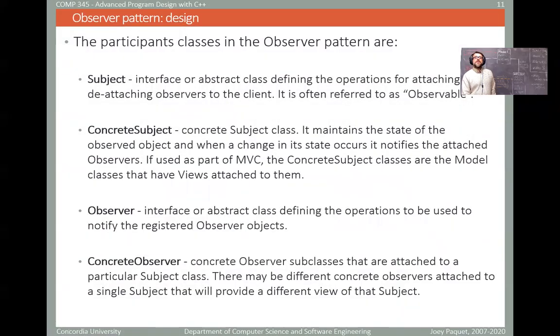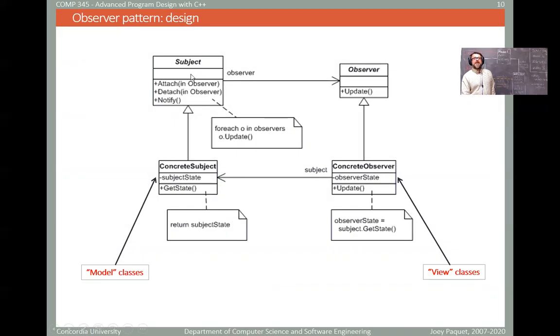Okay, moving forward. This describes the role of each of the different classes in the observer pattern, which I've already explained. The subject class is the abstract class that provides methods, for example attach, detach, and notify.